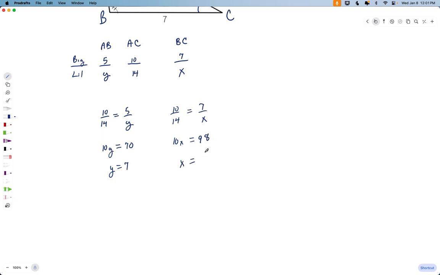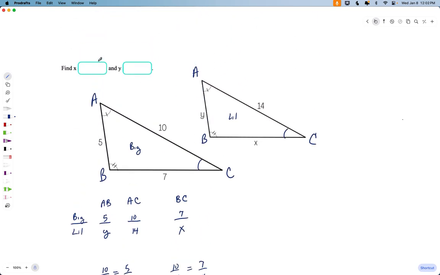So x is equal to 98 divided by 10. Those are your solutions. Now you can actually reduce this fraction. So that would be x is equal to 49 over 5, and then y is equal to 7. Just like that.